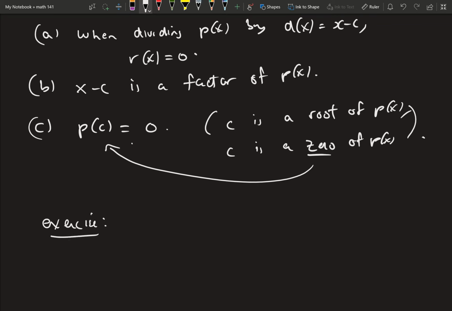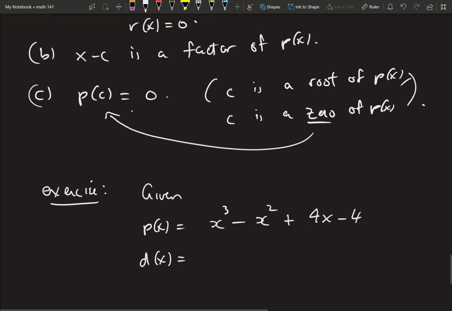And this one's not too bad. So given p of x is equal to x cubed minus x squared plus 4x minus 4, and d of x is equal to x minus 1.